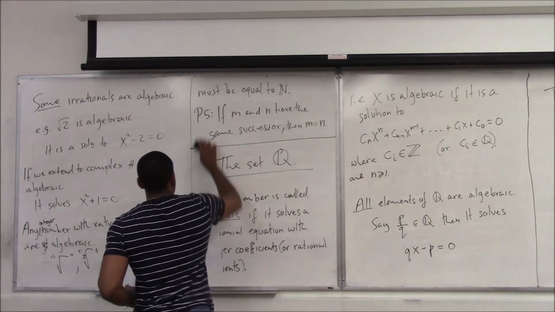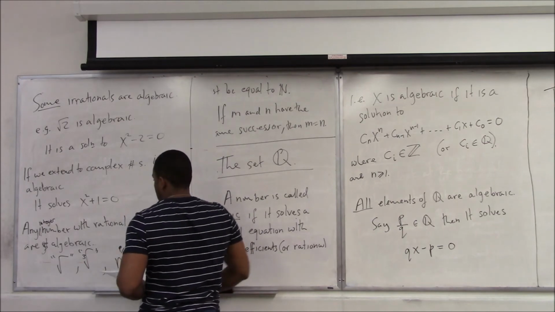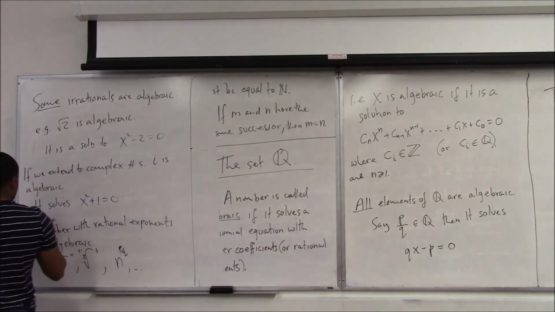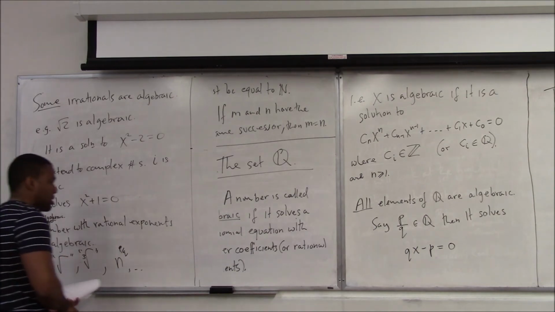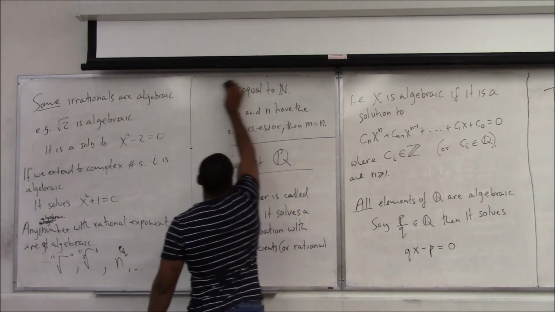So any algebraic number, if you raise it to rational powers, remains algebraic. There's still a polynomial that it will solve.